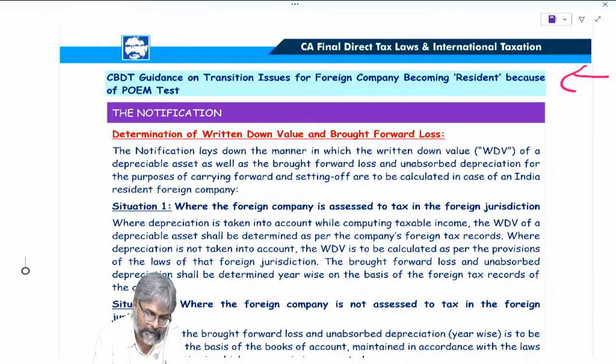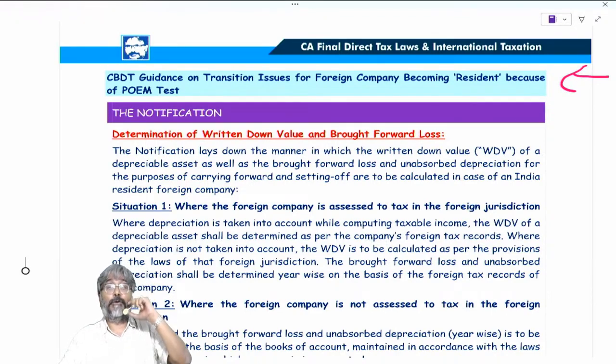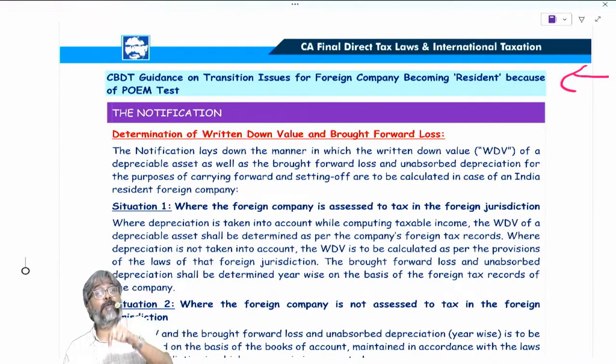Keep that point in mind, students, in this context. The point over here is this, that supposing that company of Tata Motors, that Jaguar motor car, example I give to you, for so many years it was not a resident in India, but suddenly now, because of this POEM concept, place of effective management is in India.